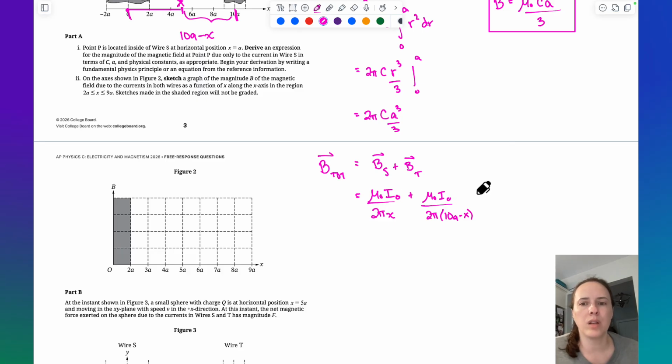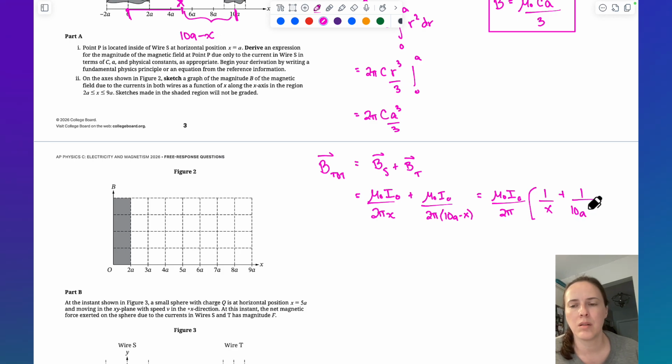Cool. So if I pull out all of that constant junk, I get mu naught I naught over 2 pi, and then a 1 over X plus a 1 over 10A minus X. So we're going to get some functional dependence that's like 1 over X plus 1 over 10A minus X. You notice all of our X values are in terms of A. So if I'm at X equals 2A, I get all that constant stuff, 1 over 2A plus 1 over 10A minus 2A, so 1 over 8A.